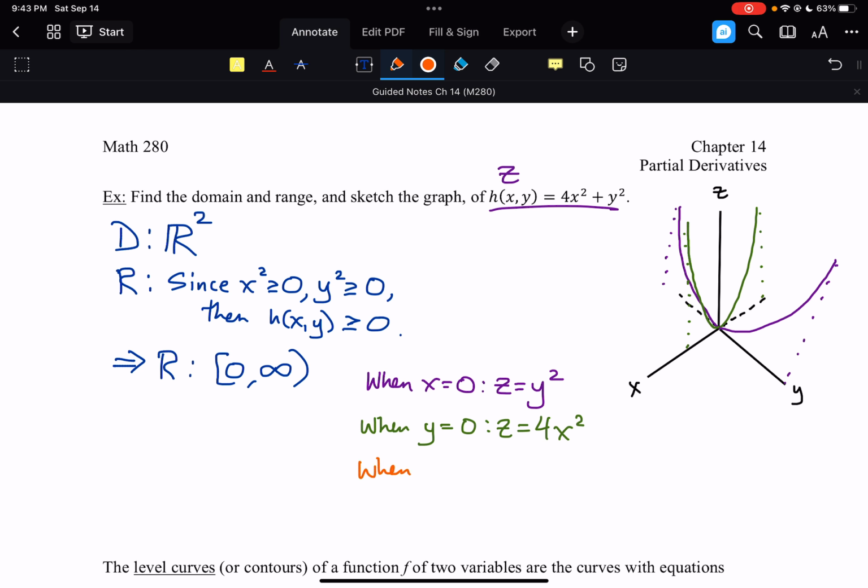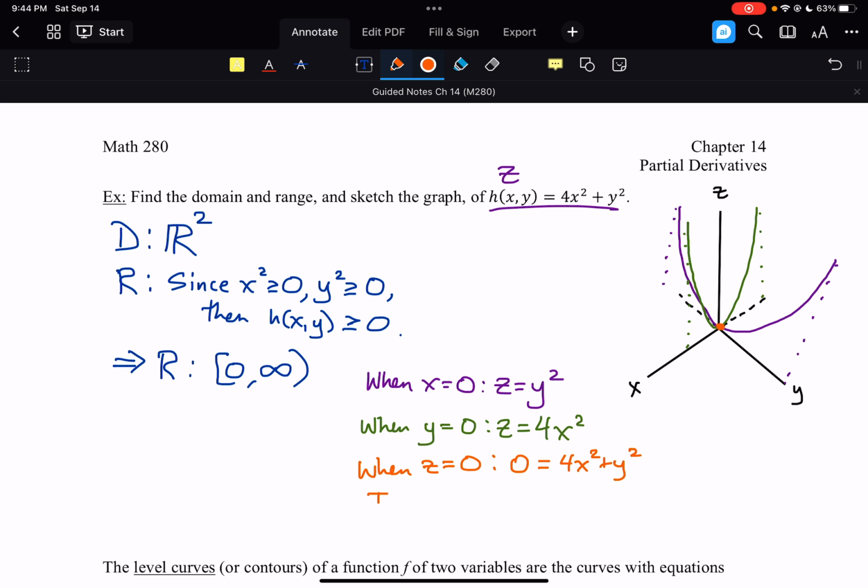And then if we look when z equals 0, we get 0 equals 4x squared plus y squared, which, if it equals 0, is just going to be this point down here where the two sets of curves meet.